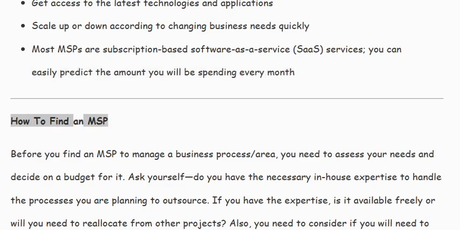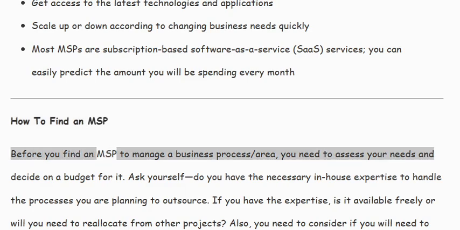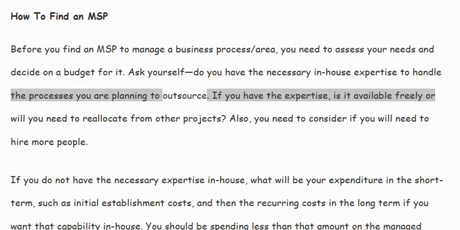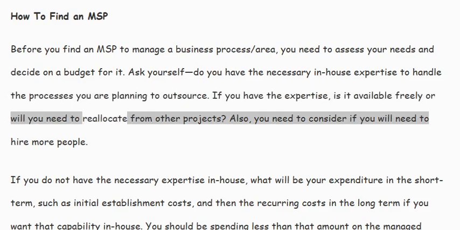How to find an MSP? Before you find an MSP to manage a business process area, you need to assess your needs and decide on a budget for it. Ask yourself, do you have the necessary in-house expertise to handle the processes you are planning to outsource? If you have the expertise, is it available freely or will you need to reallocate from other projects?